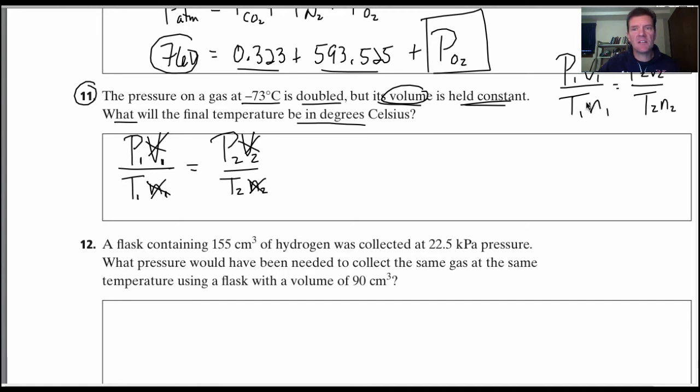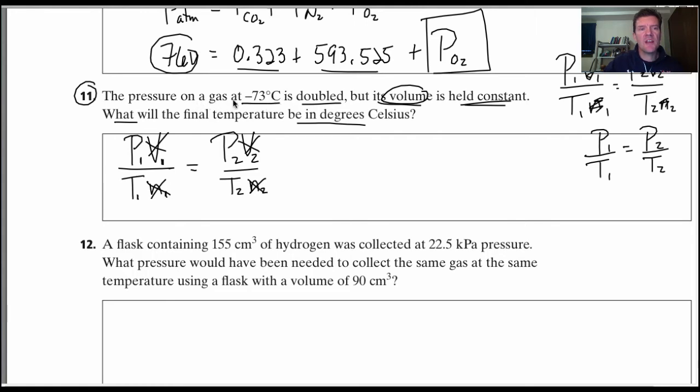But if something is held constant, as is the case here with volume, then you don't need it in the equation. And number of particles is not changing. So it just simplifies to P over T, before and after, initially and after the change. So all we do now is we plug in the values that we are given here.